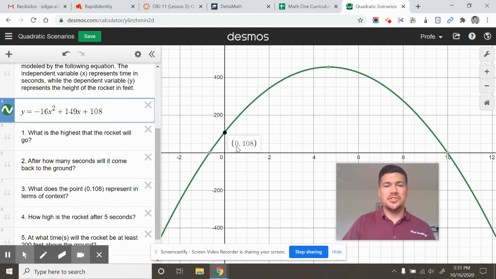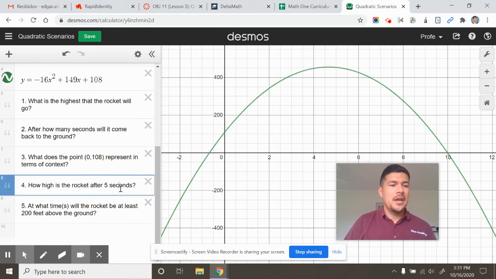I want to think, 0 is what unit and 108 is what unit? Well, the input is time, so that means 0 seconds, and 108 is an output in feet. So that means at 0 seconds, the rocket is at 108 feet. In other words, it was launched at an initial height of 108 feet.